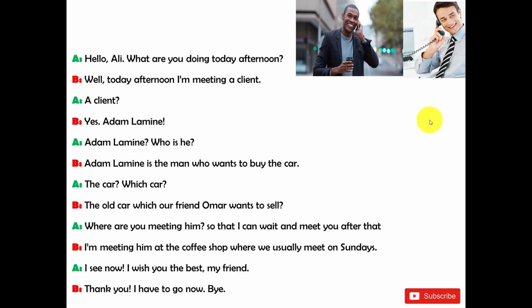Which car? The old car, which our friend Omar wants to sell. Where are you meeting him, so that I can wait and meet you after that? I'm meeting him at the coffee shop where we usually meet on Sundays. I see now. I wish you the best, my friend. Thank you. I have to go now. Bye.